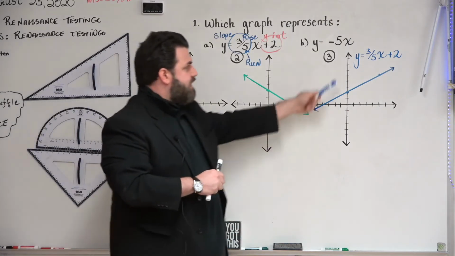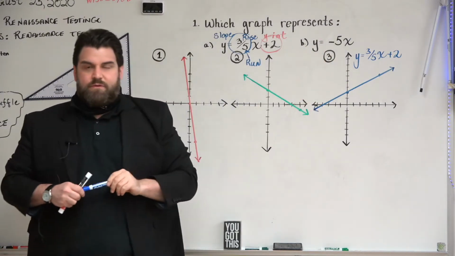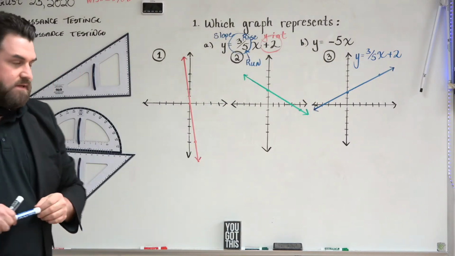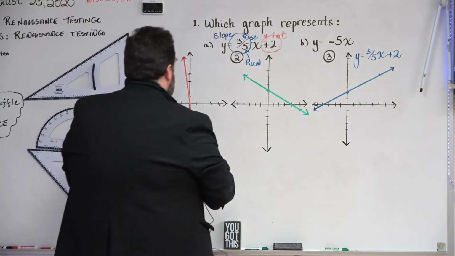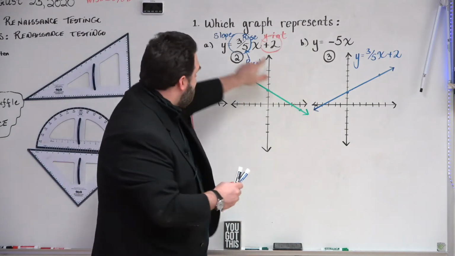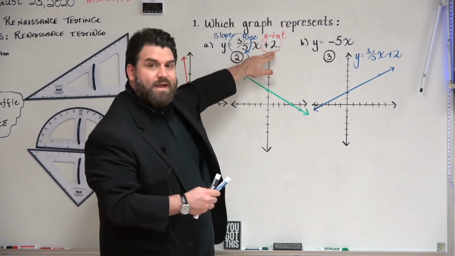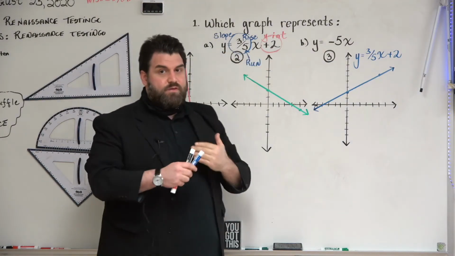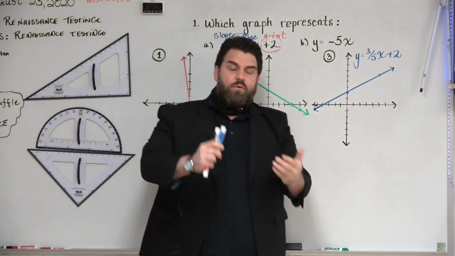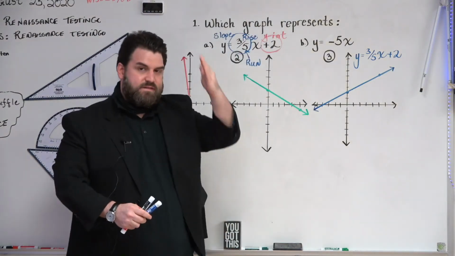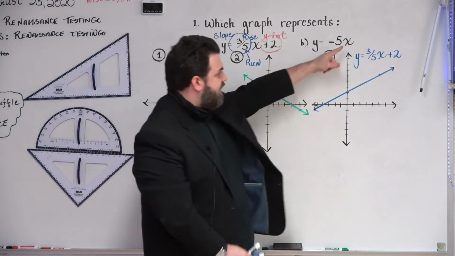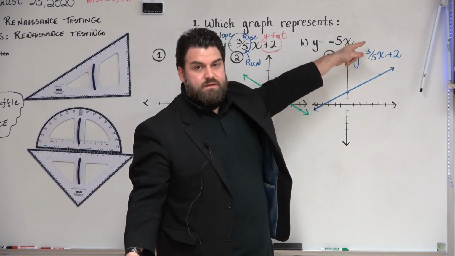Okay, now let's do the second one. y equals negative 5x. The very first thing we did when we did this equation here was we looked at that number, the y-intercept, and that told us where the graph crossed the y-axis, the vertical axis. This time, there isn't one.